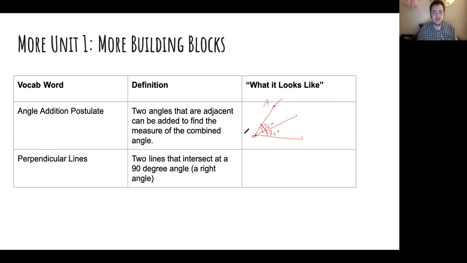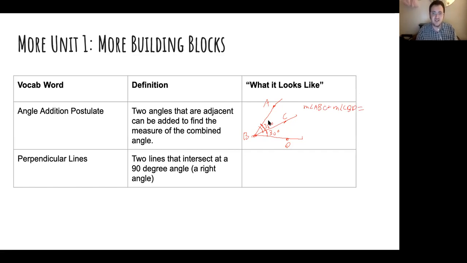I'll call this A, B, C, and D. So what I could say is that the measure of angle ABC plus the measure of angle CBD equals the total of the 2 angles.